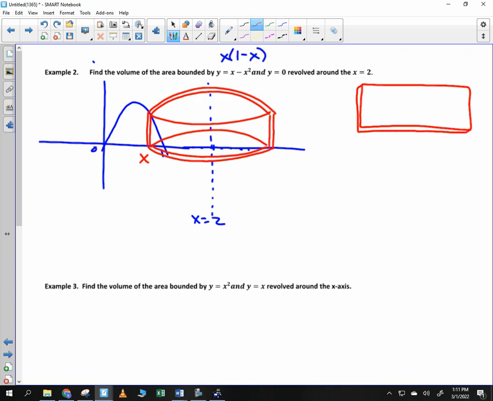Thickness dx or dy? Dx. Look at your original rectangle, folks. Did the original rectangle you drew have thickness of dx or dy? Dx. Yep, horizontal thickness. That's why we chose dx. Height of the rectangle: x minus x squared. Good.